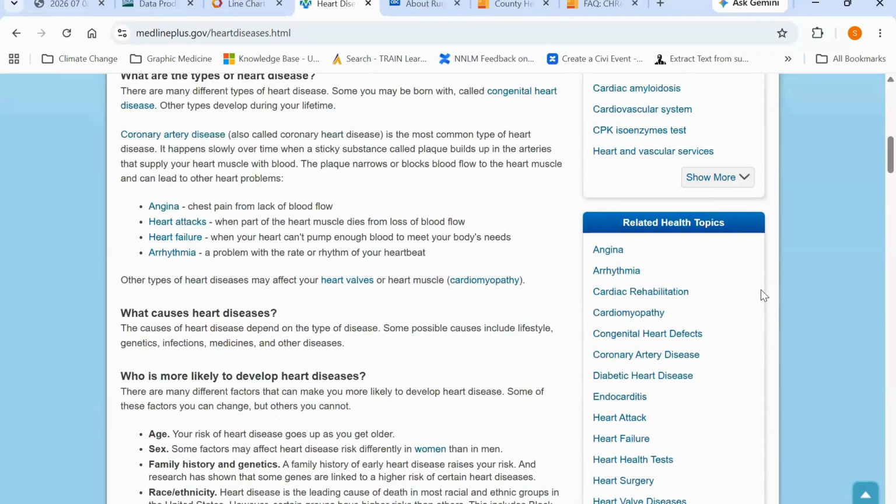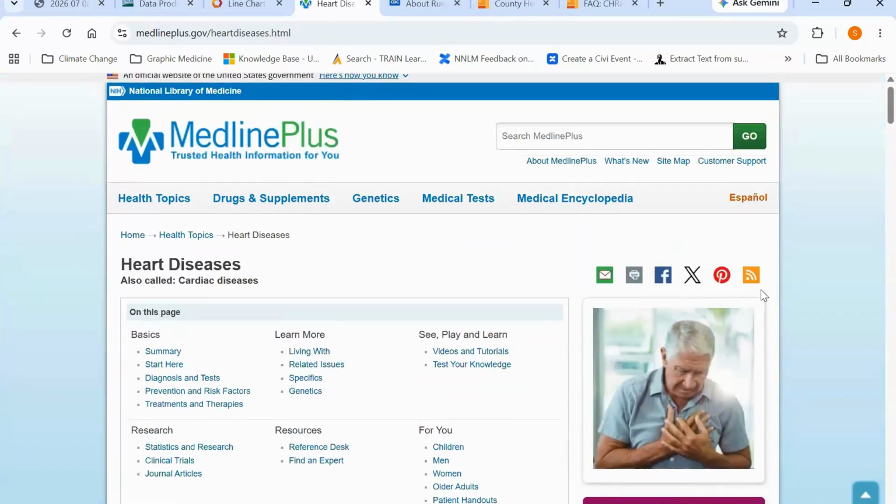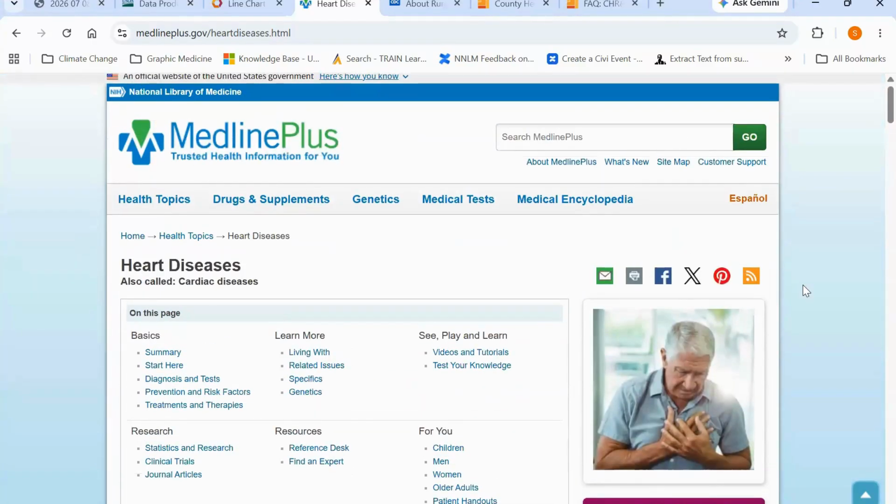And so, two things before I leave this page. Medline Plus is designed to be bilingual in English and in Spanish. So on all pages, including from the home page, you can switch to Spanish using the button on the top right hand side, just underneath the search feature.